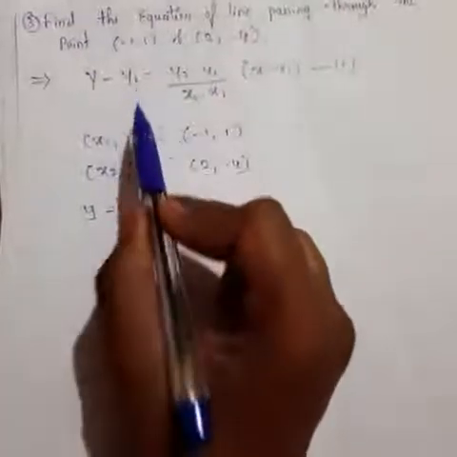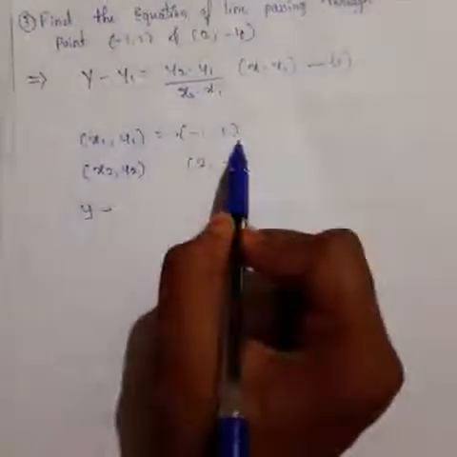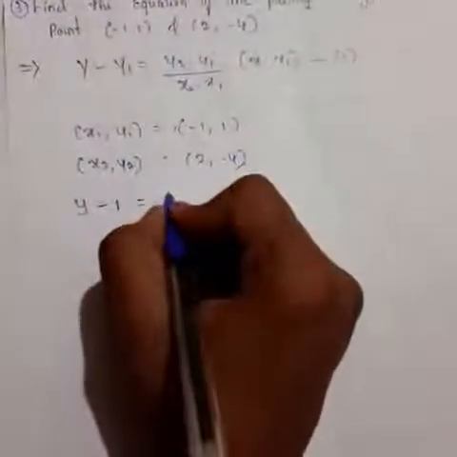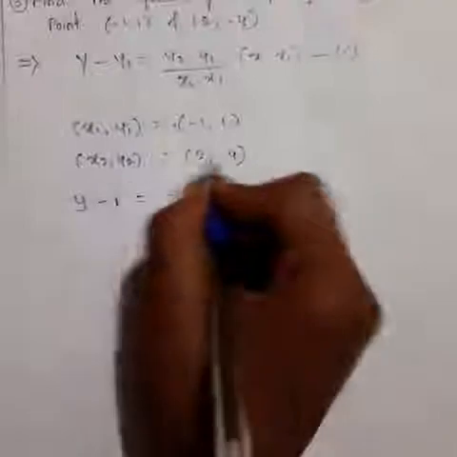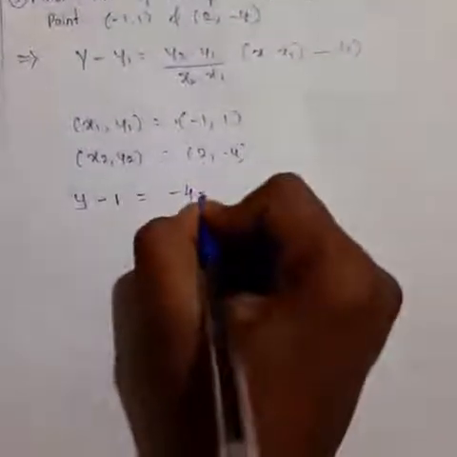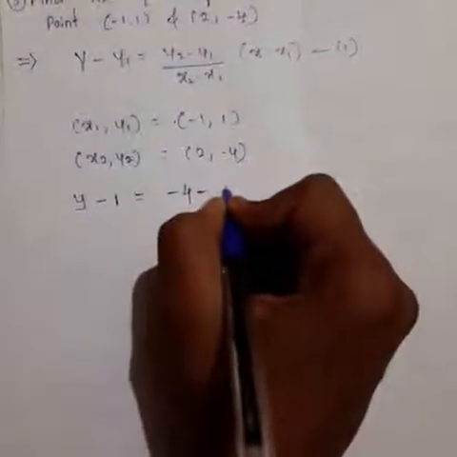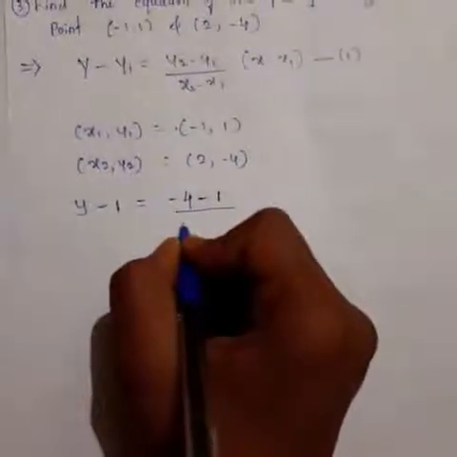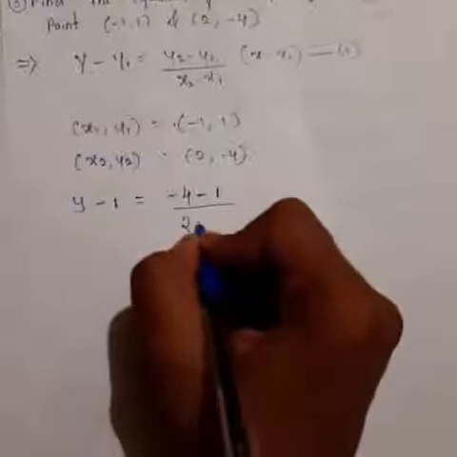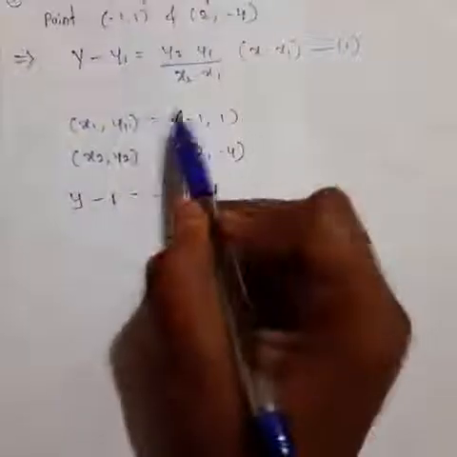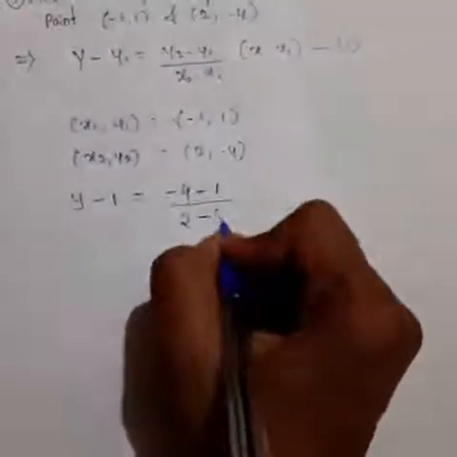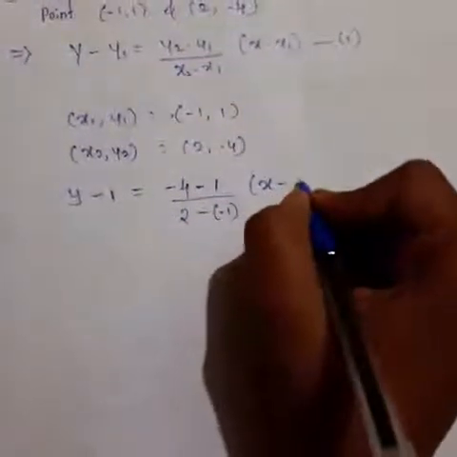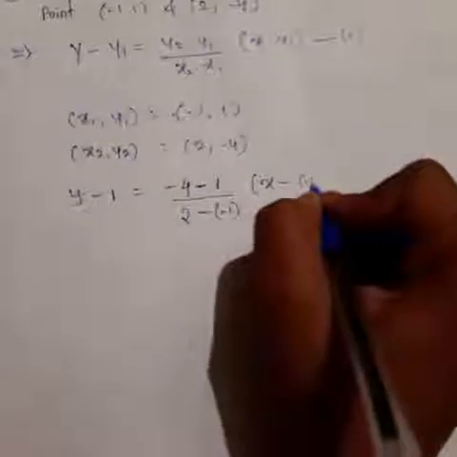The y1 value is 1, y2 value is -4, and minus y1 value is +1, divided by x2 value +2 minus x1 value -1, into x minus x1 value, again -1.